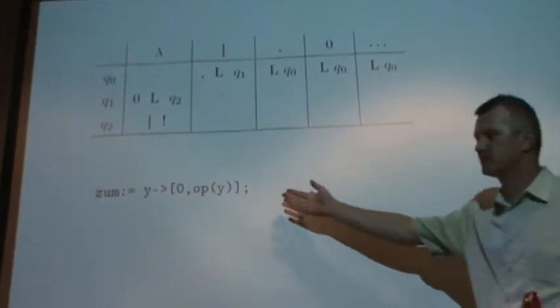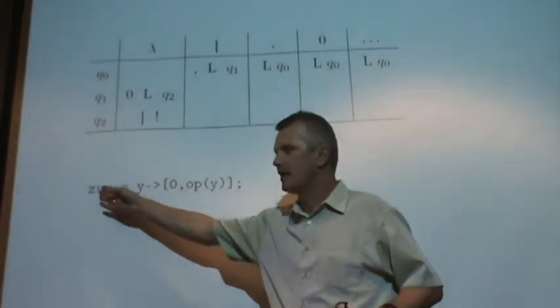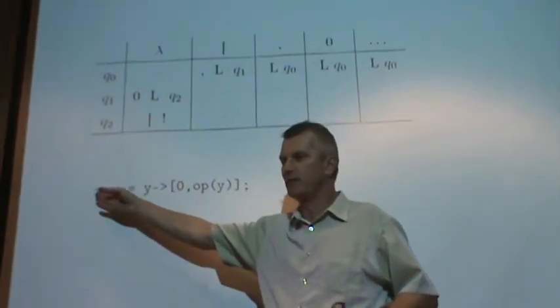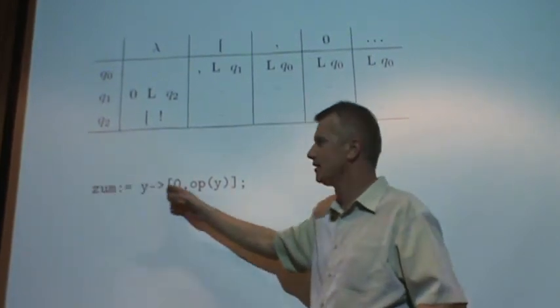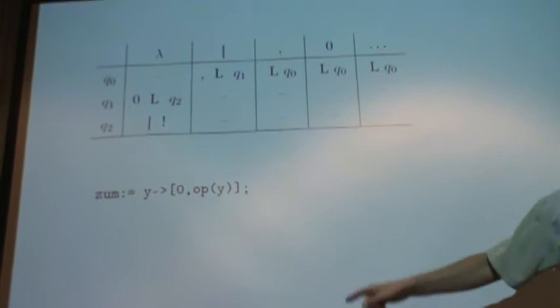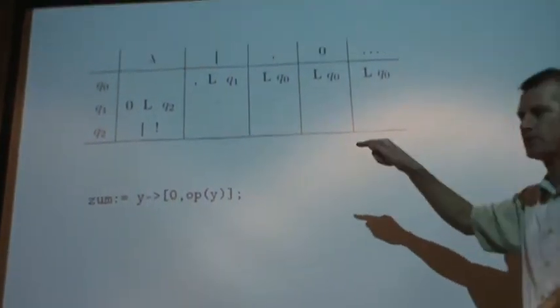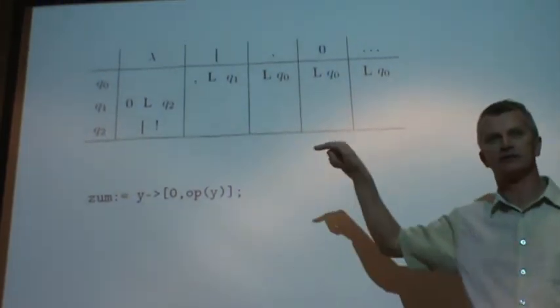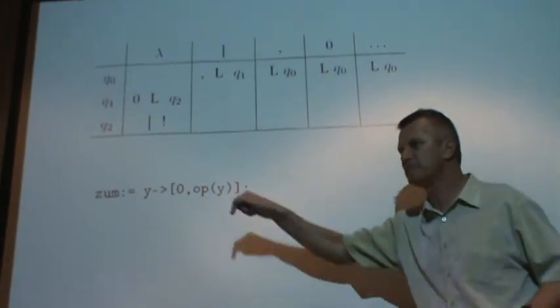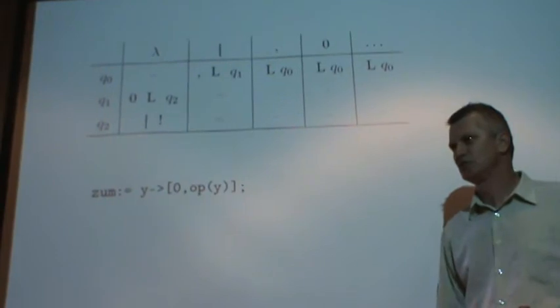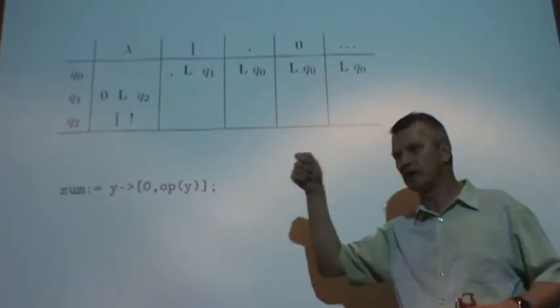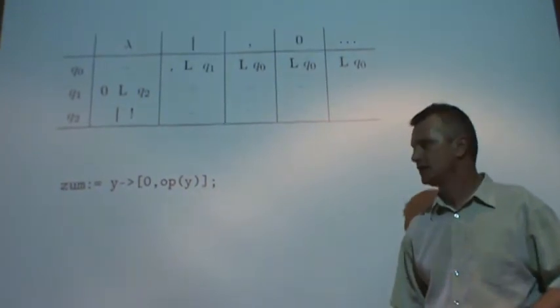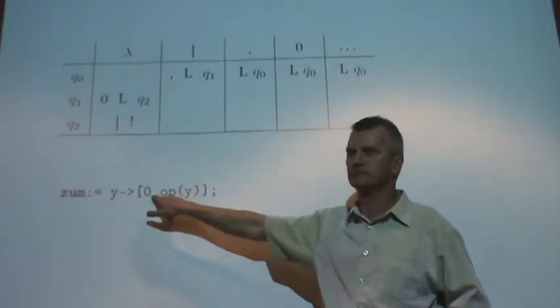This is a piece of Maple code called Zam, from Zima or the Zeilberger way to Zam. This is programmed to sum polynomials. Summation is a simpler problem than multiplication. To find the definite sum of a polynomial is easier than to multiply two polynomials. It is a constant time algorithm here.